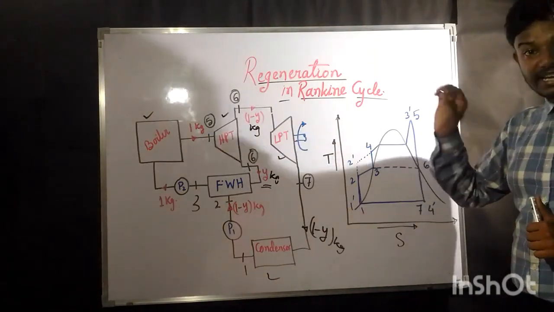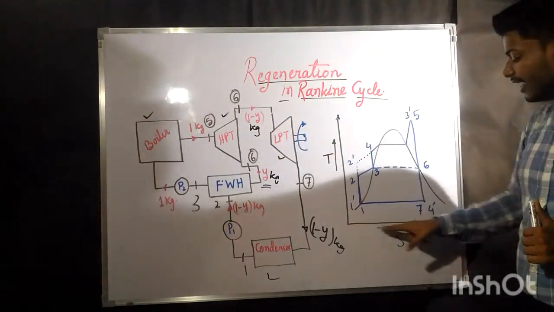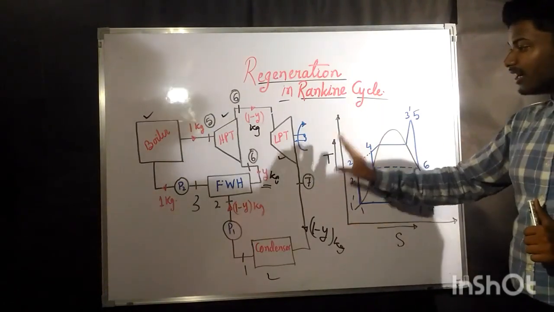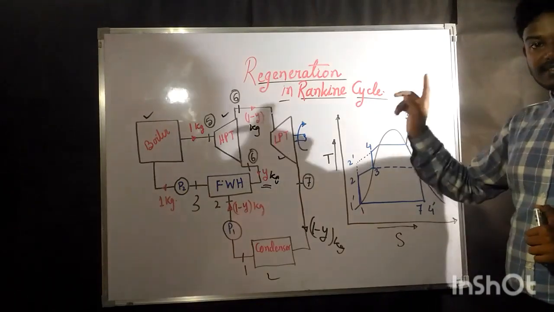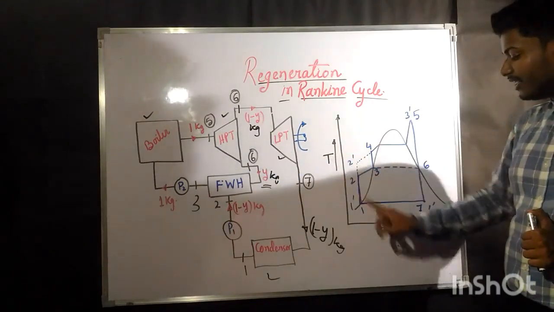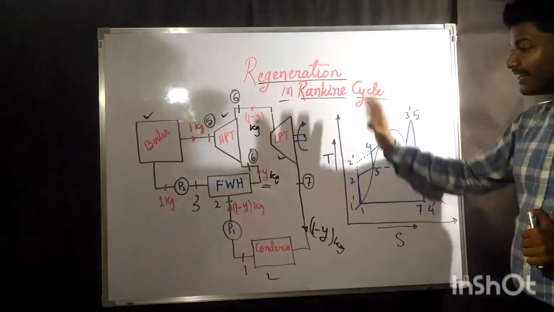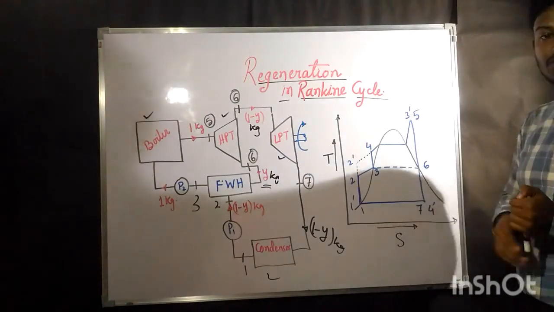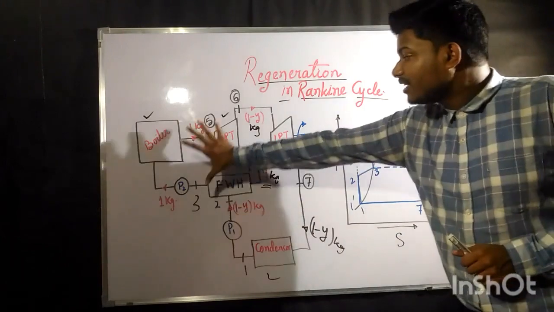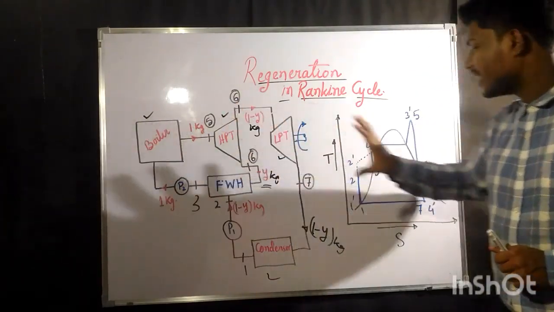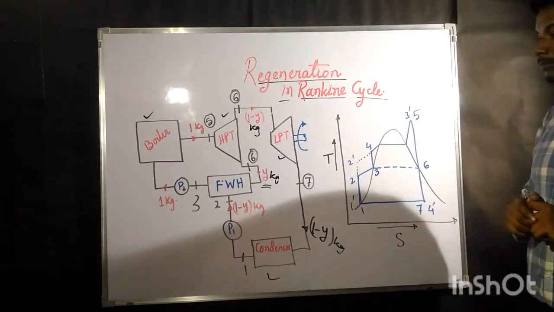Previously in the Rankine cycle, all the graphs that we drew were T versus S diagrams. In some places I may not have written T or S. Now let us represent this regeneration cycle in the TS diagram.